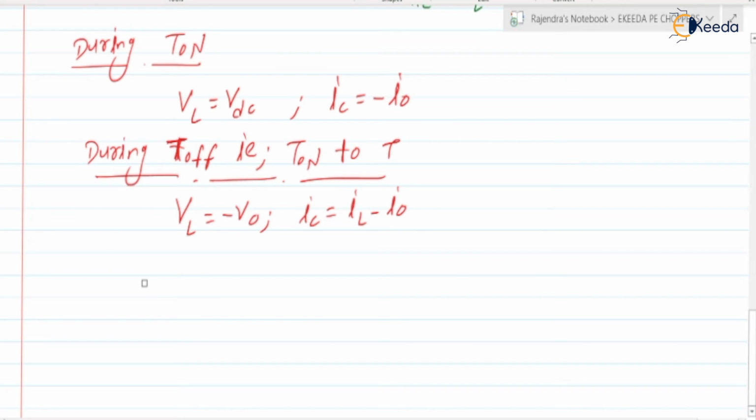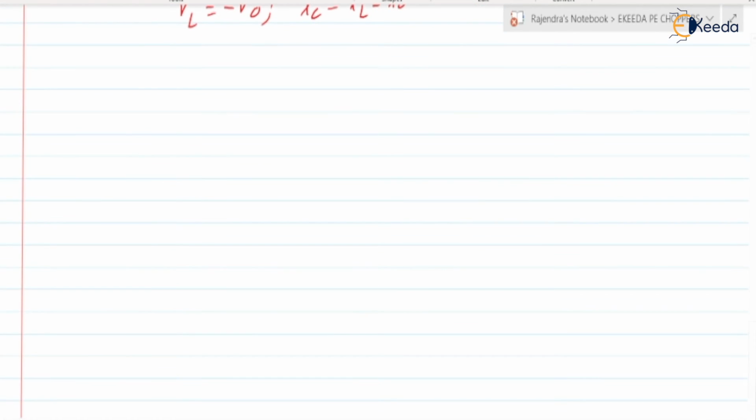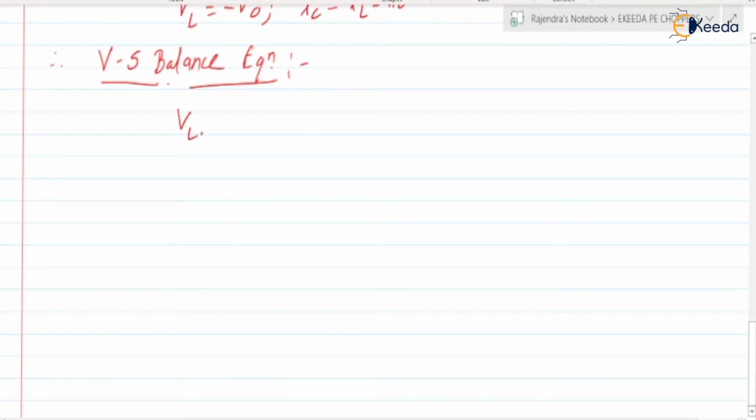Next, can we write the volt-second balance equation? So what is the volt-second balance equation? The voltage across the inductor during T on plus the voltage across the inductor during T off is equal to 0.